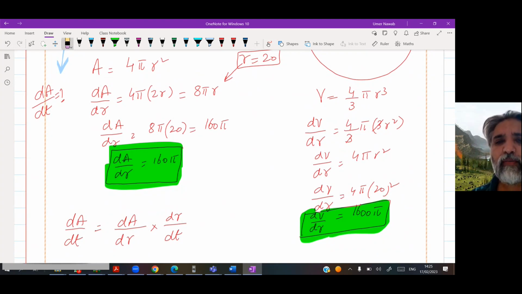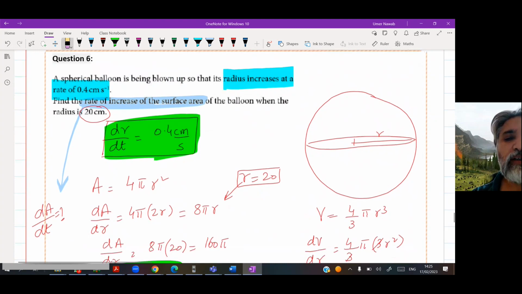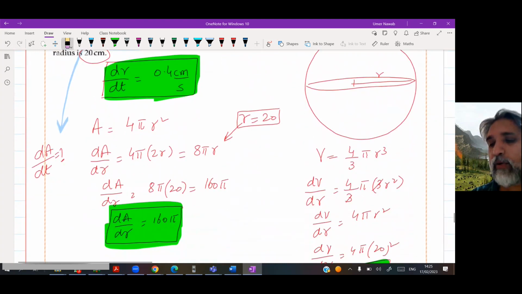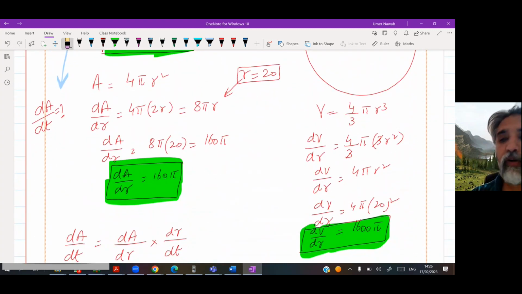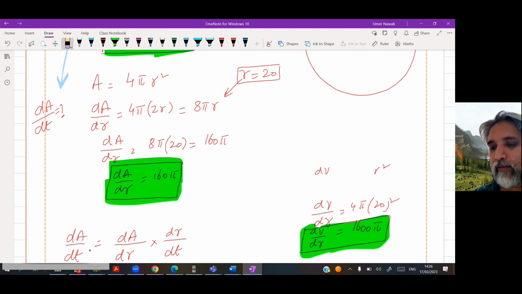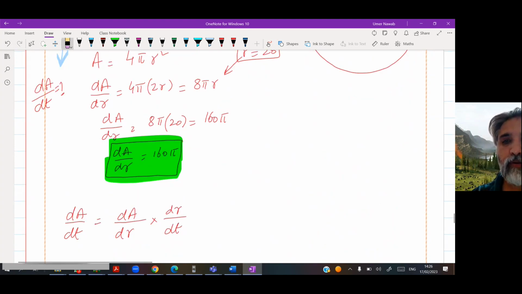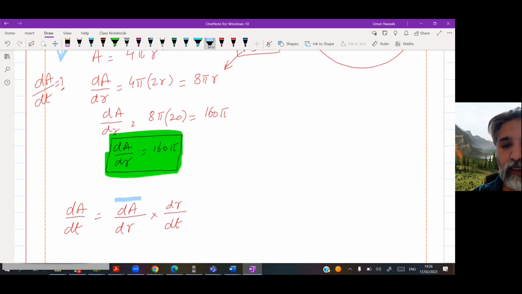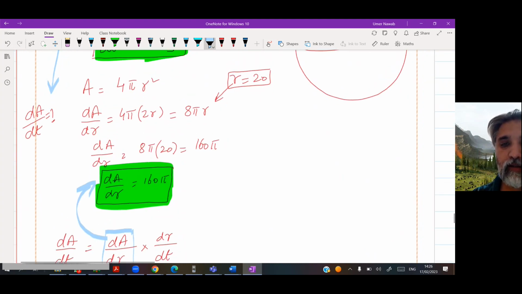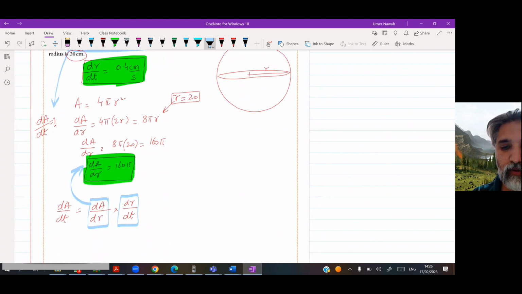Why did I find volume? Maybe I saw the spherical balloon, so I thought maybe he's going to ask us volume. So I'm just erasing it. This is an extra work. Wow, this is an extra work. So check it out. Both of the things are known to me. This is dA over dr, and this is dr over dt. It is already given to me. Substitute these values.